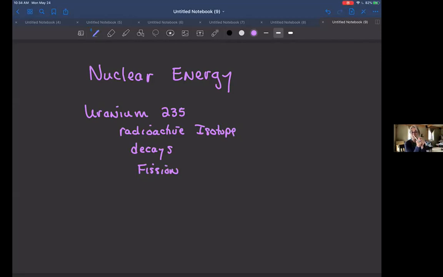And as it does so, it is going to be converted into another element, and it is going to release energy. So the fission of the nucleus releases energy. And it releases a lot of energy in the form of like neutrons that are like coming out.